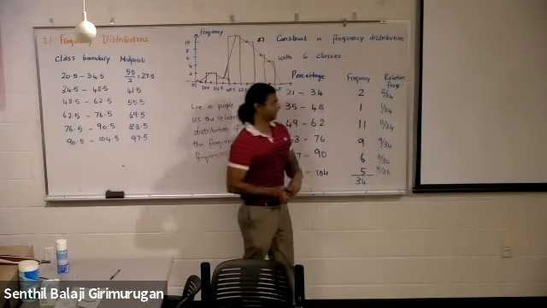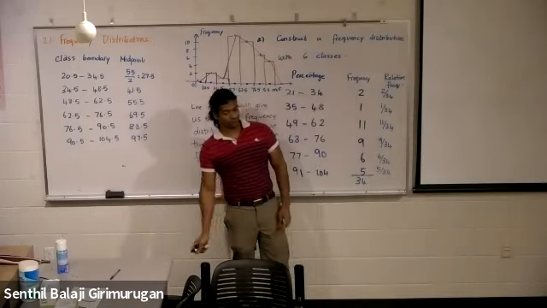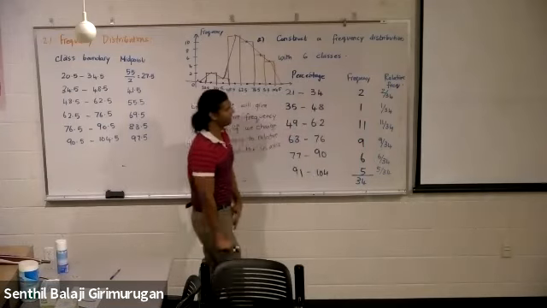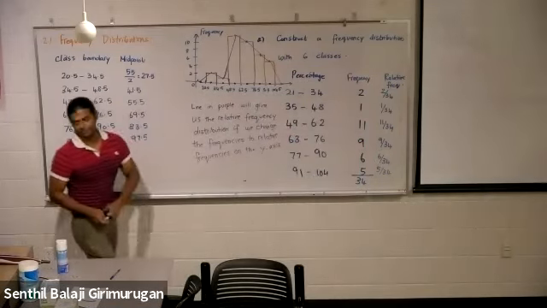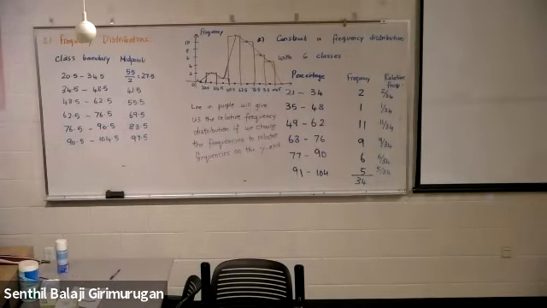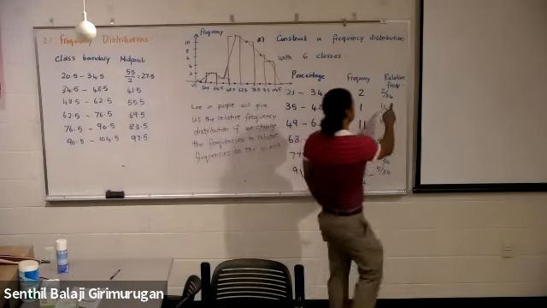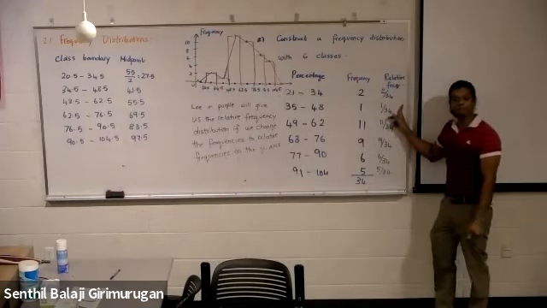You can convert it to a decimal if you want, but it's not necessary because I'm going to show you how to graph this. Relative frequency is nothing but a probability.